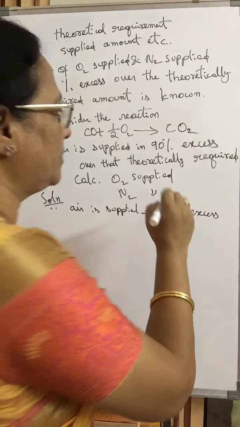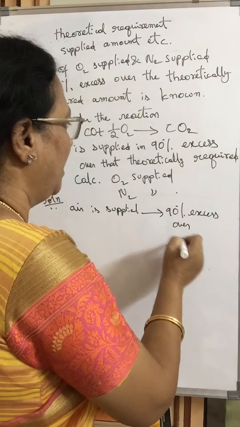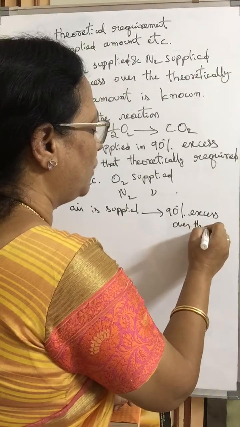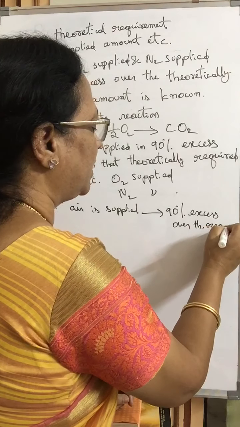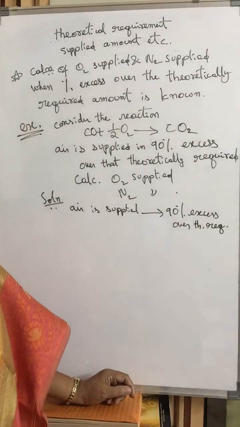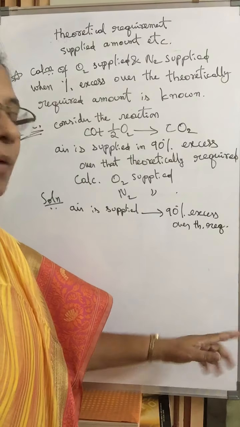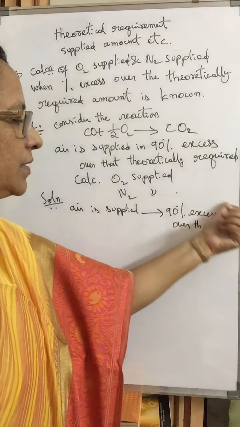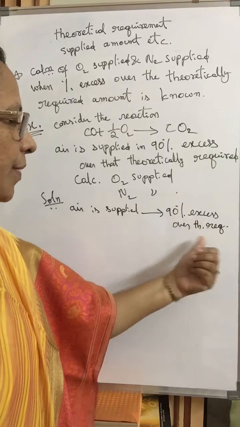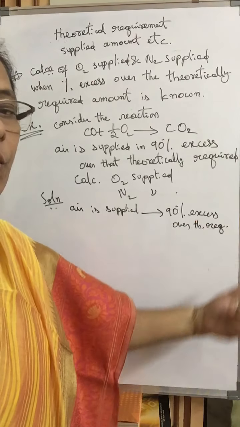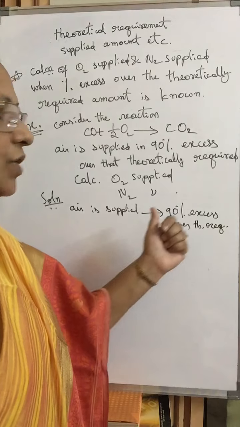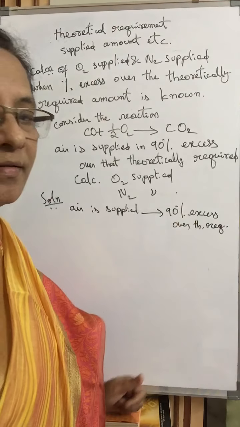In many problems, they give you like over theoretically required. 90% excess over theoretically required. But in some problems, this statement may change. Then depending on this statement, we need to calculate how much air is supplied or how much oxygen is supplied.